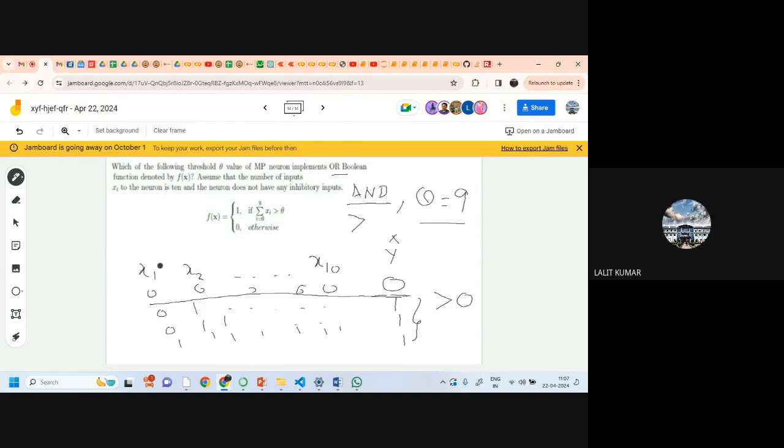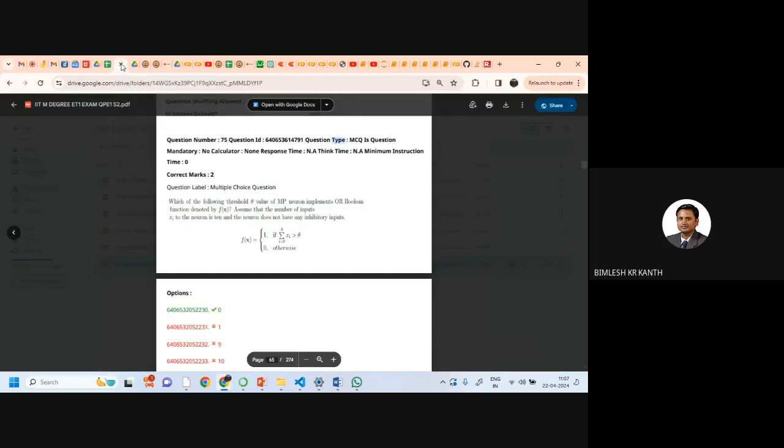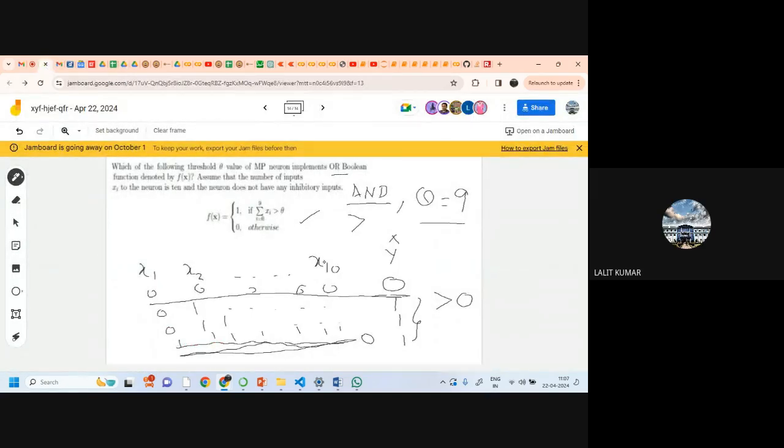First element, because greater than 9. If we write 9, we can't include. If we write 10, then also this condition will not be fulfilled. Then it will give 0. That's clear? Okay. Greater than or equal to versus greater than is making the difference. So here we have to see this part.